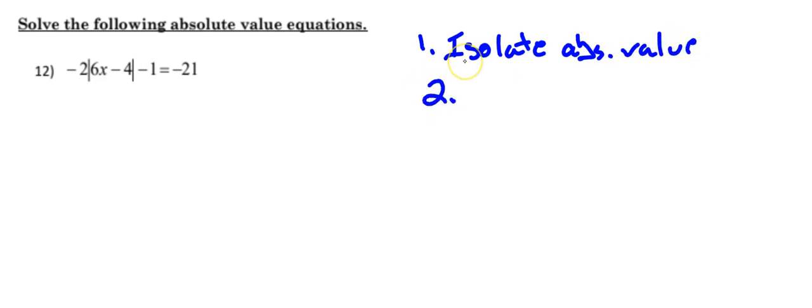Second, once we do have it isolated, we need to make sure that it's not equal to a negative. Because if it were equal to a negative, then we'd be finished because there would be no solution.